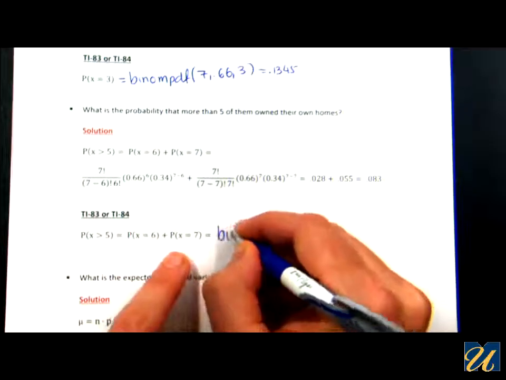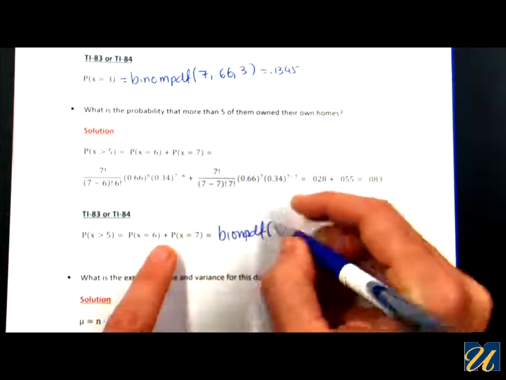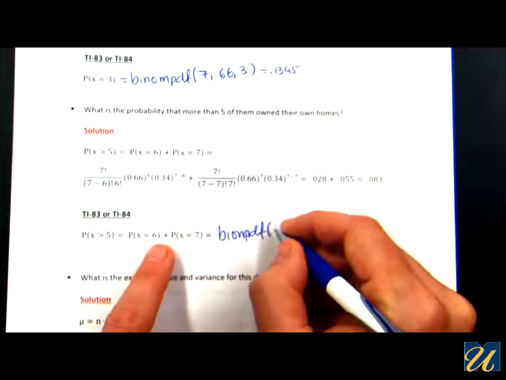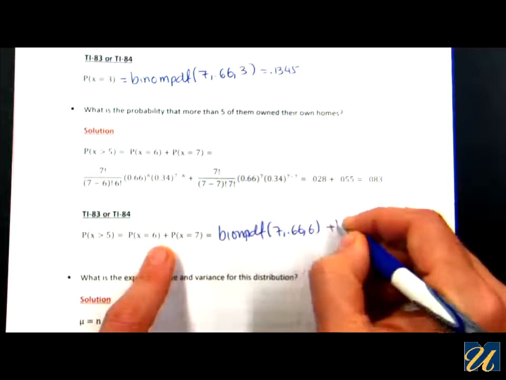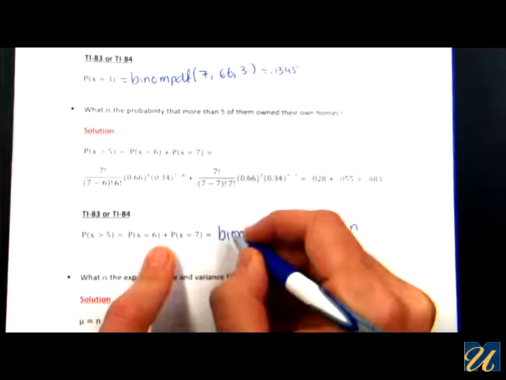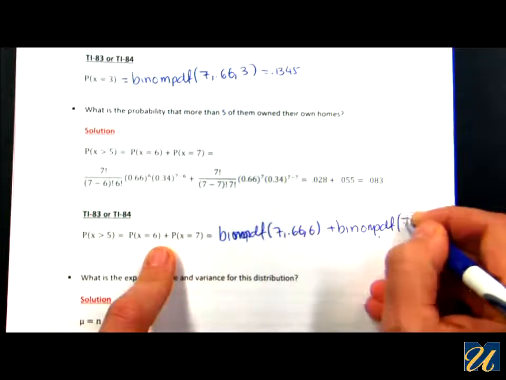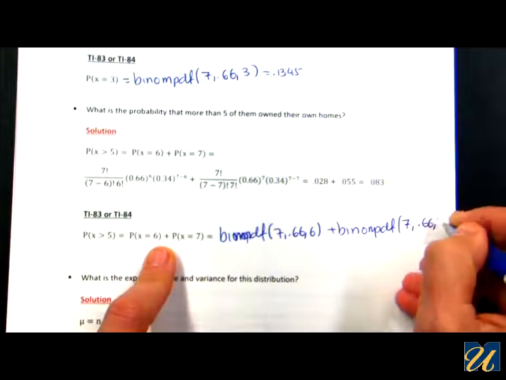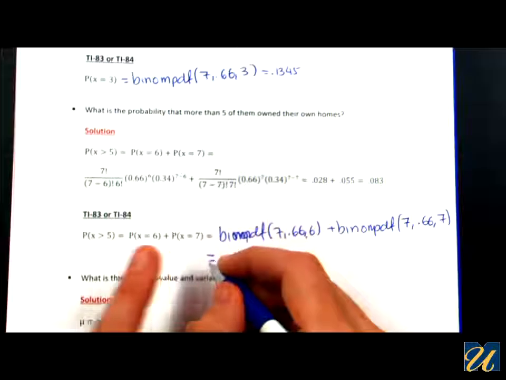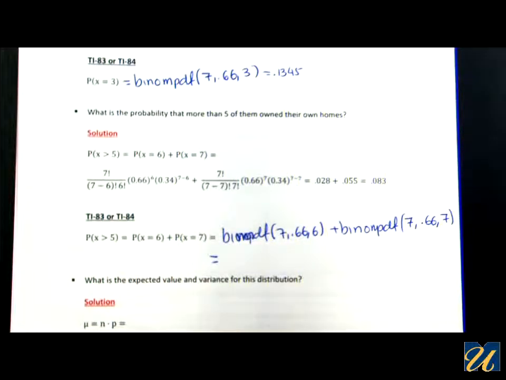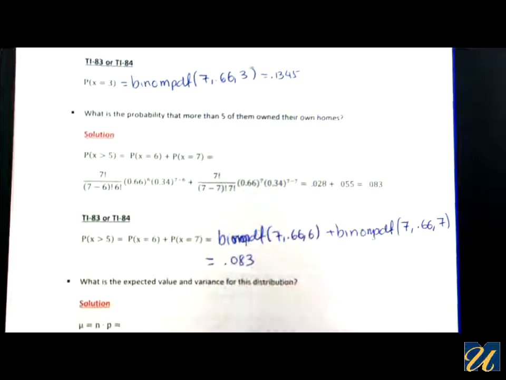You will do binomial PDF n, comma, p, comma, x plus binomial PDF 7. And if you were to do the calculations, this would be 0.083.